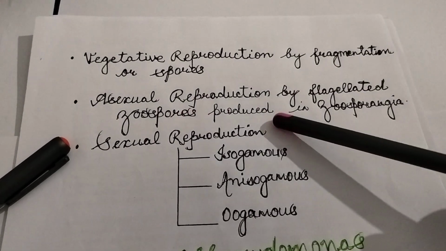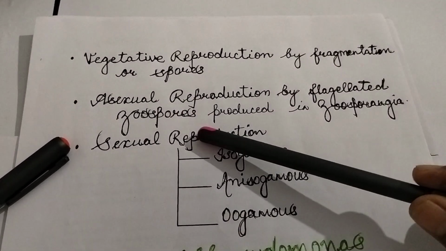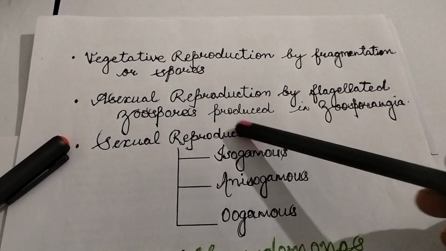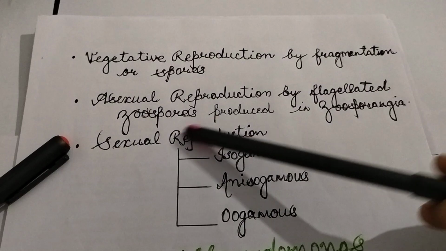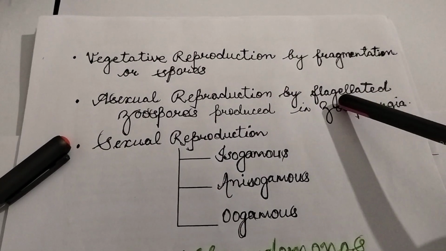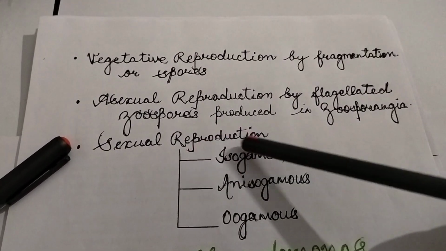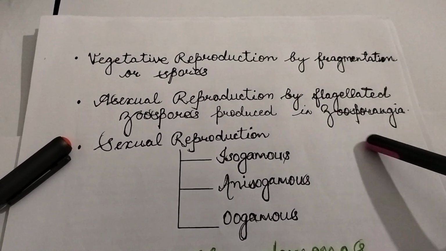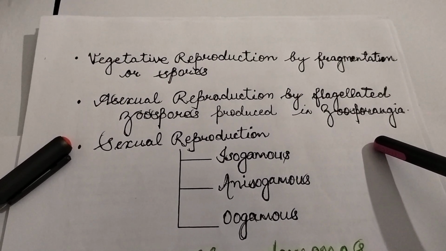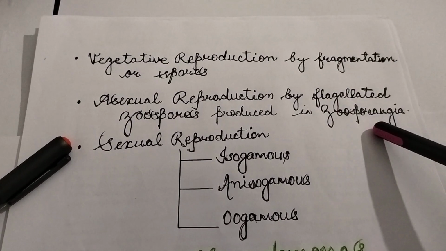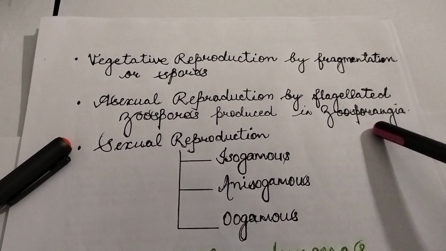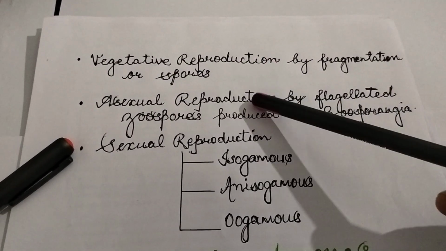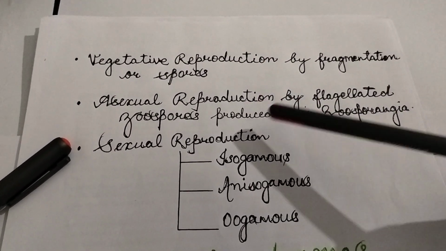Asexual reproduction is by zoospores, which are flagellated, means motile. So in Chlorophyceae, asexual reproduction is by flagellated zoospores, and where are they produced? They are produced in zoosporangia, spore bearing bodies. Zoosporangia bear flagellated zoospores, and this helps in asexual reproduction.